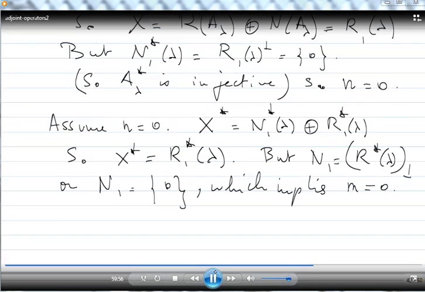So now, assume n and m are greater or equal than 1, and let us prove that they are equal.